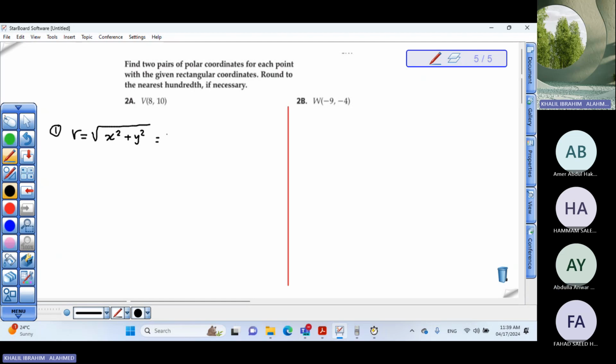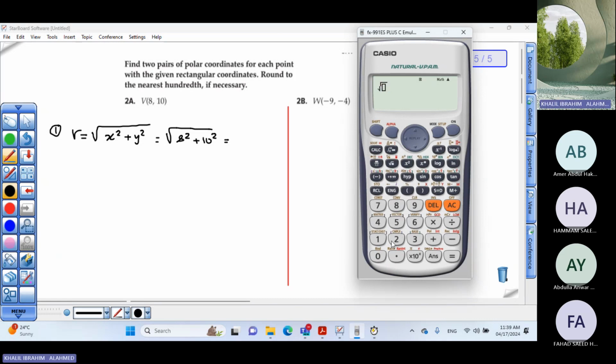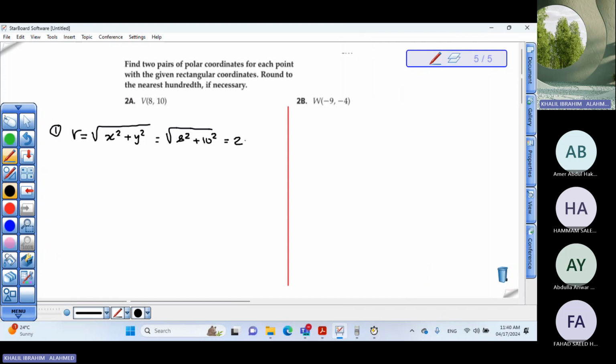Excellent. 8 squared plus 10 squared, radical 8 squared plus 10 squared. The answer is 2 radical 41. Good. X here is positive, so we don't need to add 2 pi or 180.